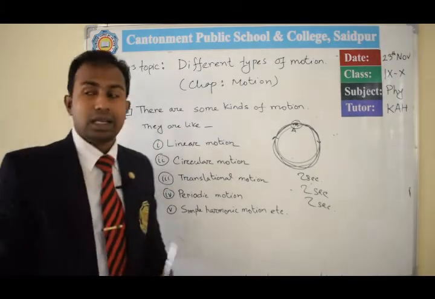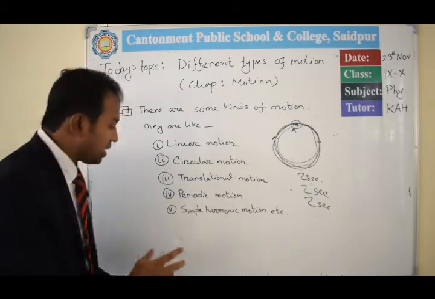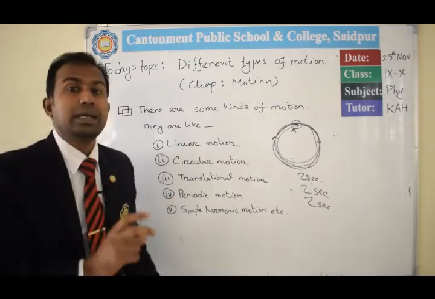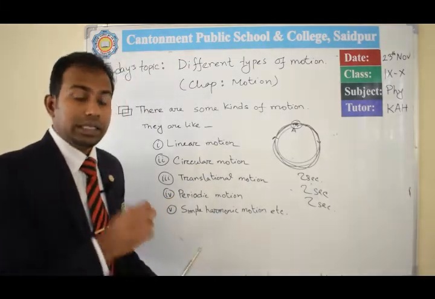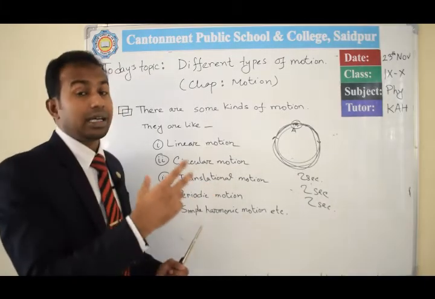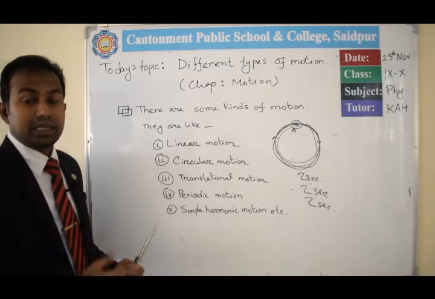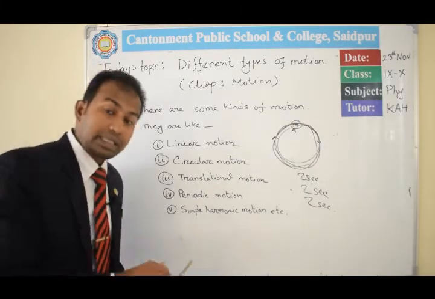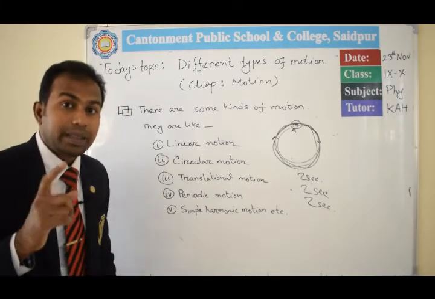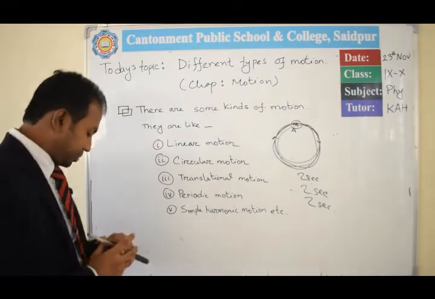So it means that whenever any object is moving in one direction, after a certain fixed time it will come back to the previous direction again. In this case, we will say the motion of that object is a simple harmonic motion.